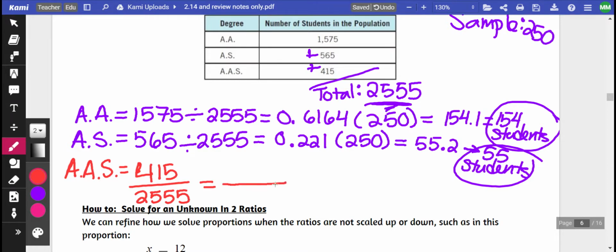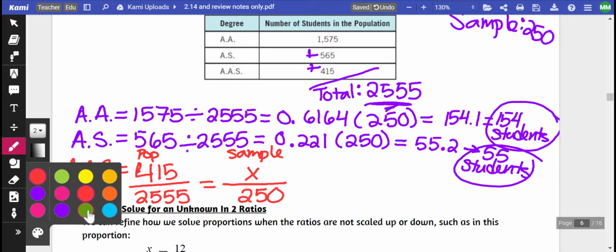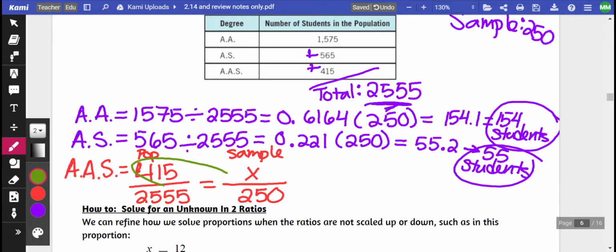But this is for the overall population, and this one is for the sample. We know that in the sample, there will be a total of 250 students. I want to know how many of them will be coming from this section. So x is going to be my variable. To solve this, you're going to cross multiply.